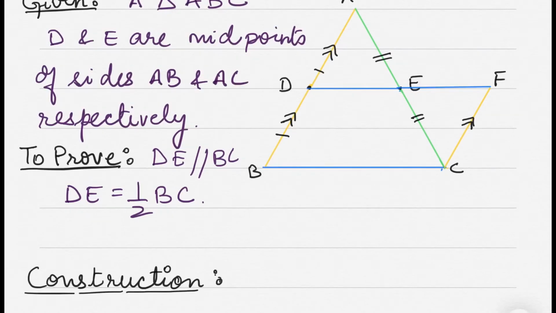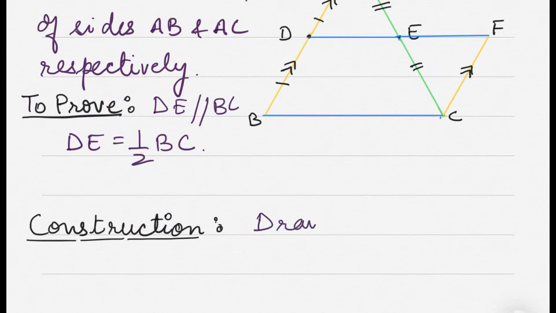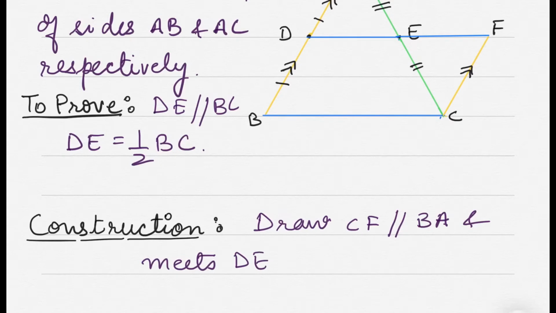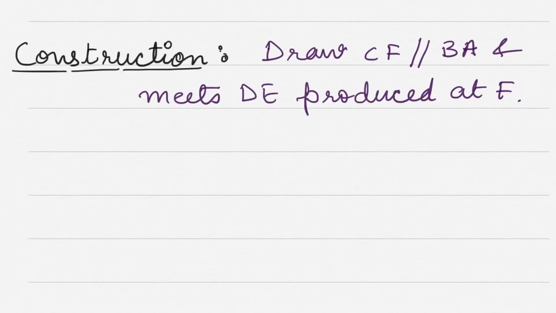Now let's write about the construction we have made in this figure. We have drawn CF, which is parallel to BA and meets DE produced at F.